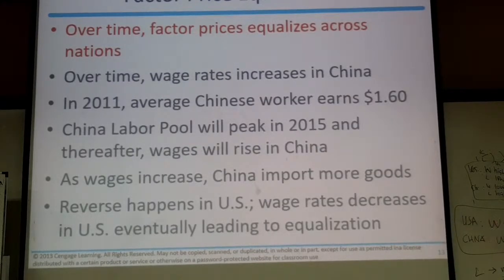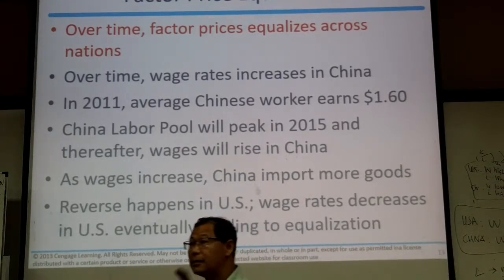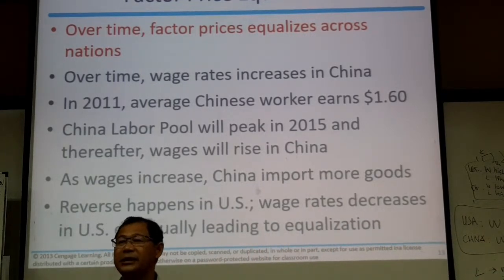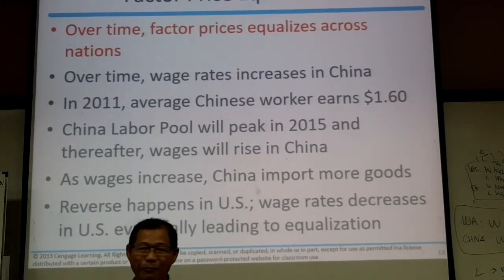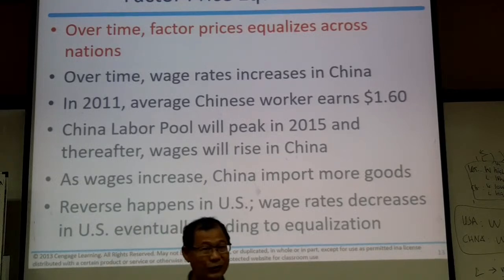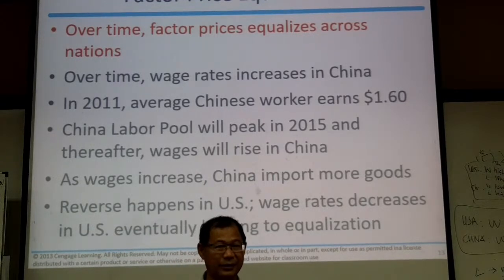Over time, wage rates increase in China. Chinese workers' earnings rise, and China's labor pool will peak in 2015. Therefore, wages will rise in China. With wages increasing, China imports more goods. Reverse happens in the U.S. This is the latest, okay? The latest is that China, listen to me, has become more and more a labor-cost-expensive country.